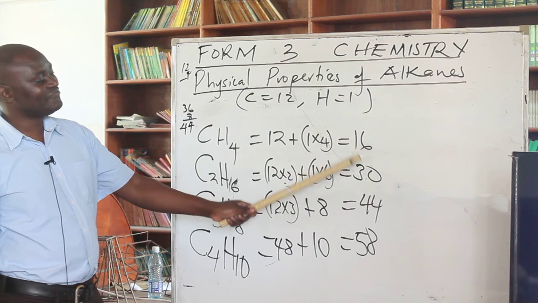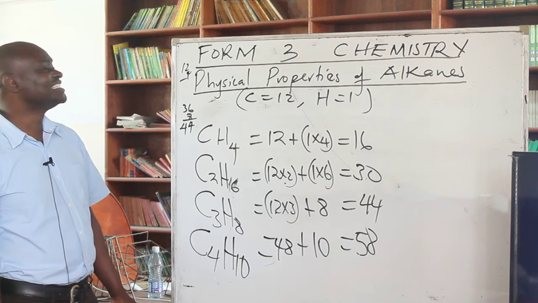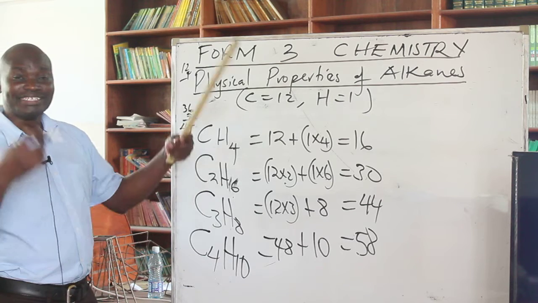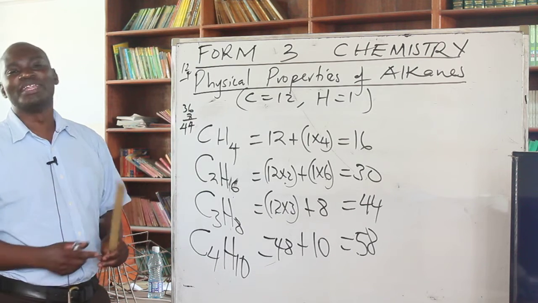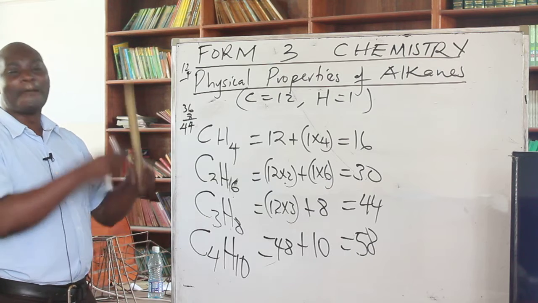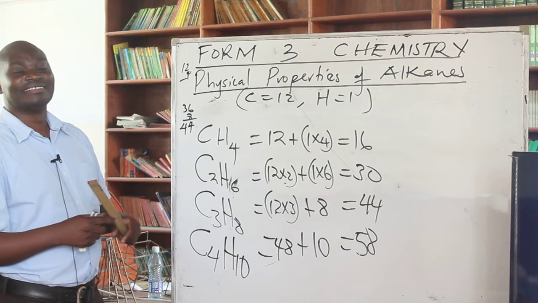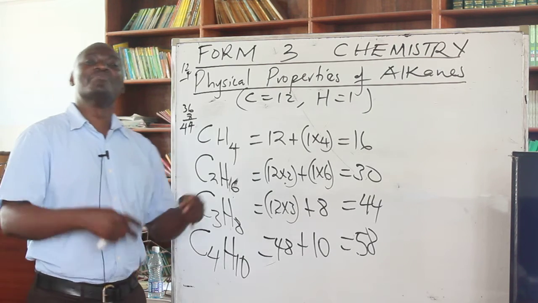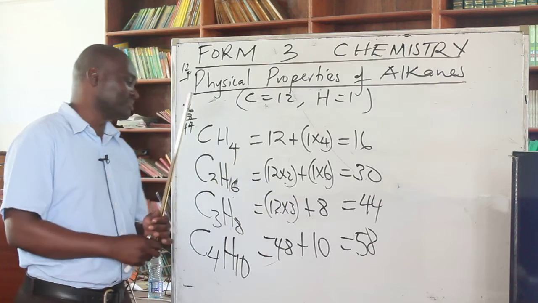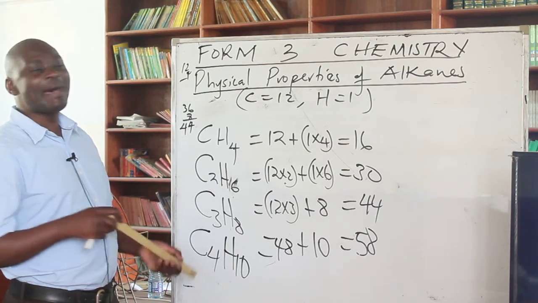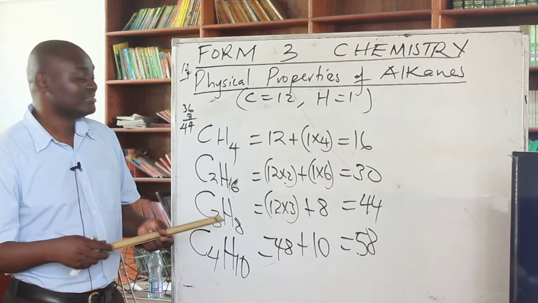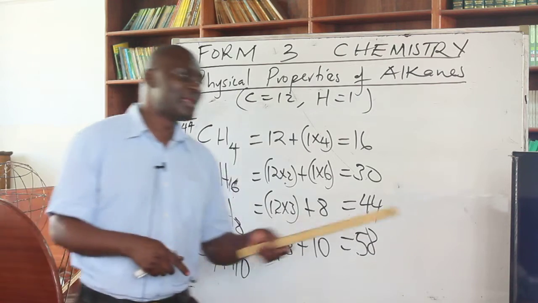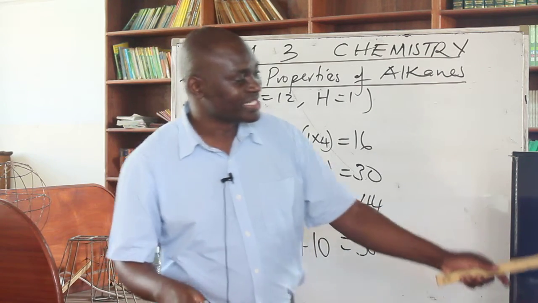So from here, we can see that as the number of carbon atoms increases, the relative formula mass also increases. You can call it relative formula mass, you can call it relative molecular mass, you can call it molecular mass. At times we will talk about molecular size, the size of the molecules. So as the number of carbon atoms increases, the relative formula mass will also increase.